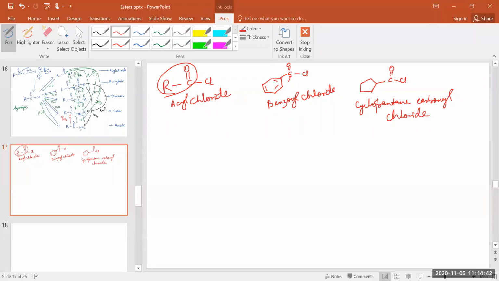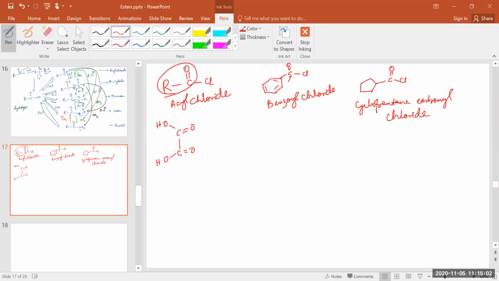Okay, cyclopentane carbonyl chloride. That's how we name this one. So just remember the simple structures. This acid is called oxalic acid.